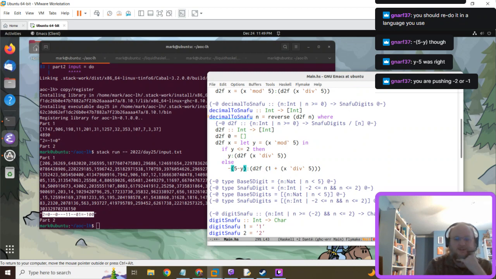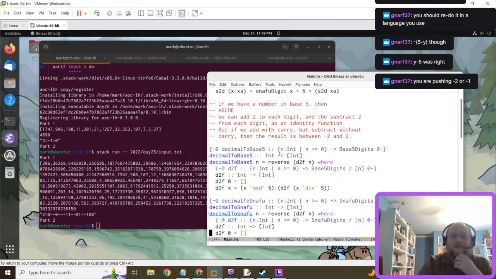So that's the same as negative 5 plus y. Yes. Okay. So we add 1 to the next place, and we balance that by adding a minus 5 in this digit. All right. Yes. So now those are balanced.